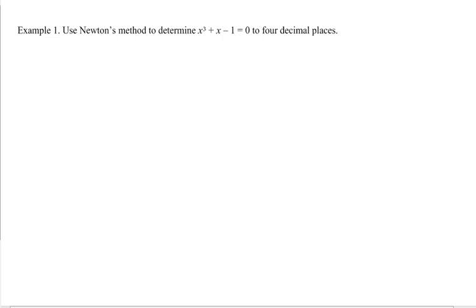We want to see where one of the zeros is. So when is x cubed plus x minus 1 equal to zero? We don't really know. Our formula is this. This is Newton's formula.